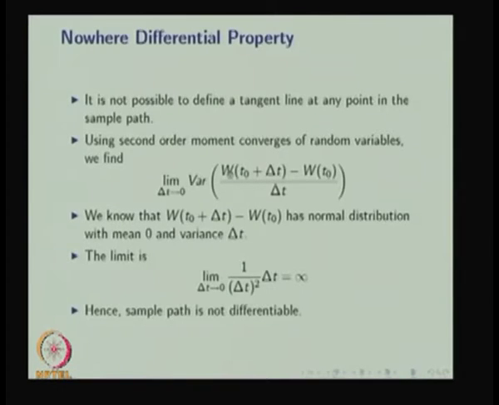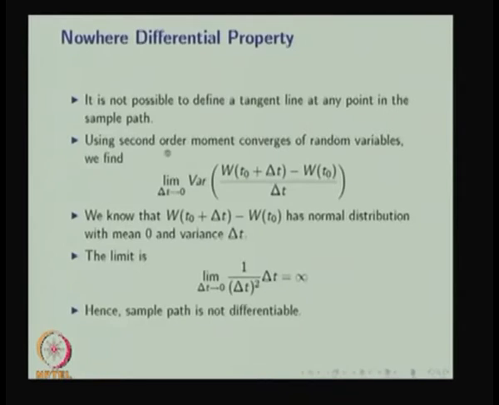Since the W's are random variables, and we know the mean and variance and also the distribution, the difference is going to be a random variable. As delta t tends to 0, we should find the convergence of this difference of random variable divided by delta t. One can use any mode of convergence to find the limit as delta t tends to 0 of this quantity.